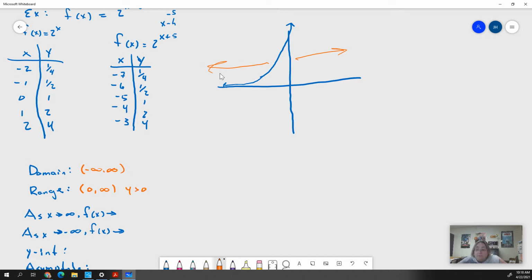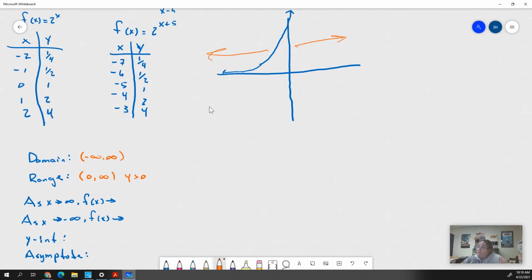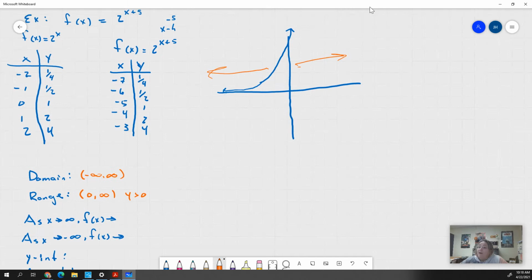Absolutely fine. If we look at our behaviors, as x goes to infinity, so as x is going this way, what's happening to y? Well, it's going up, and it's going up forever. Nothing prevents it from going up forever. So we can say f of x is approaching infinity.